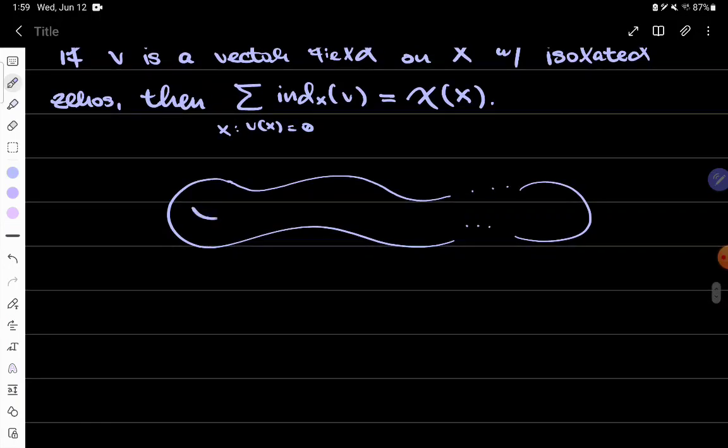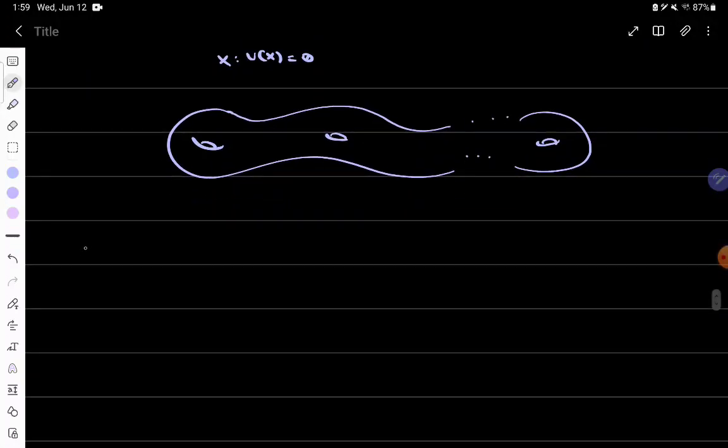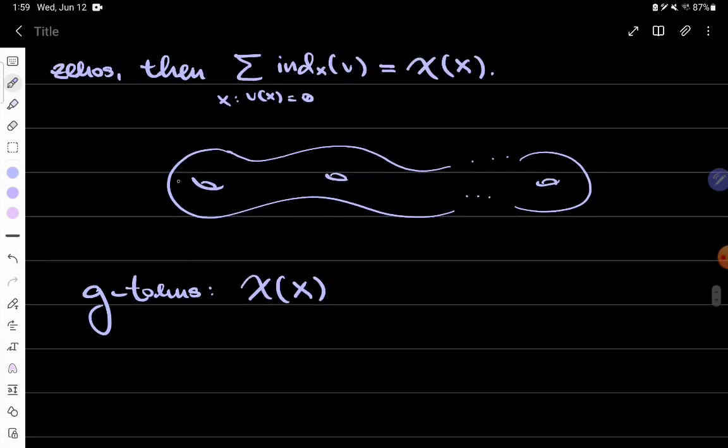So let's say we have some n torus, or let's say G torus. Then by this theorem, we can form the following vector field. So we're going to go around each of these.